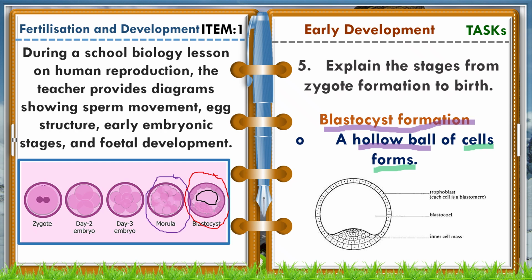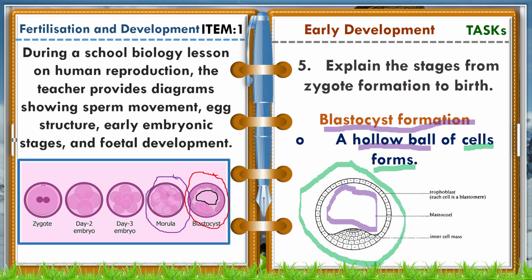We can clearly see it here. If you look at this one, this is our blastocyst. The cells that were forming go on the outside and leave a gap in the middle. This gap left in the middle is what we are calling a hollow ball.